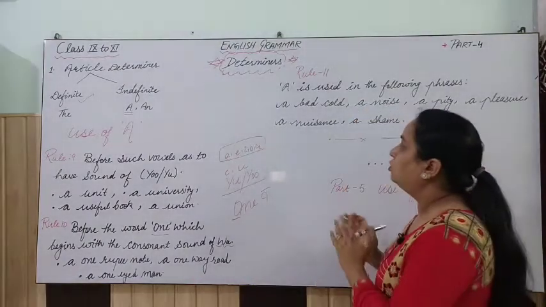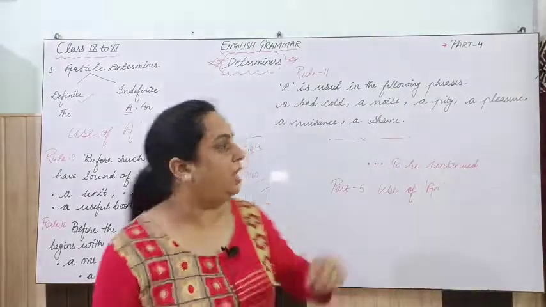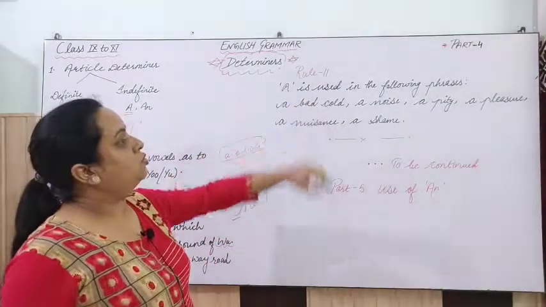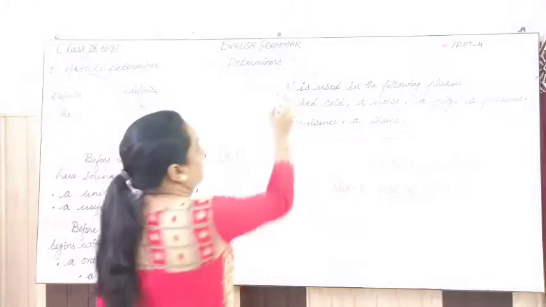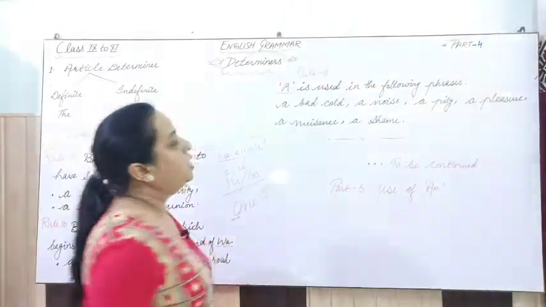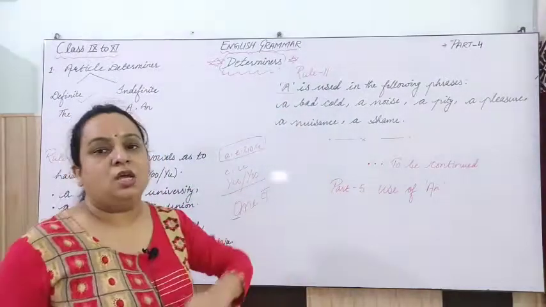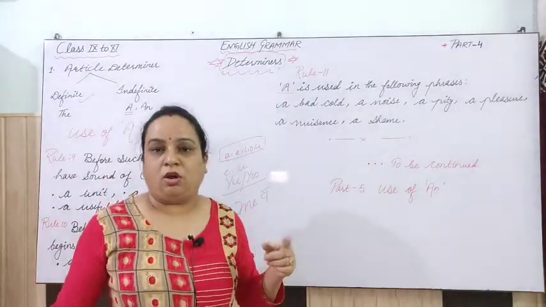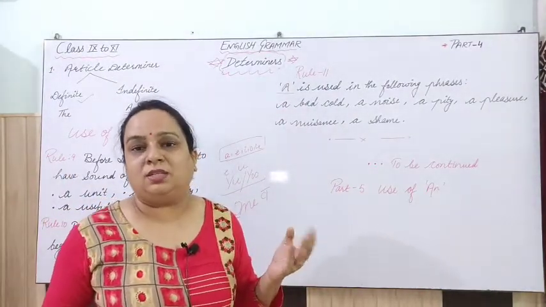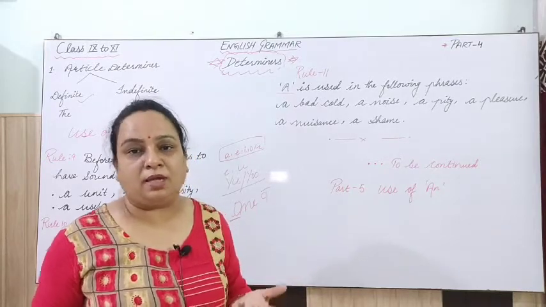And the last rule of this use of a is used in the following phrases. Whenever you write down these phrases, you have to use a with that. You must have listened, don't make a noise. Always we say, what a pleasant day it was, what a pleasant surprise it was.